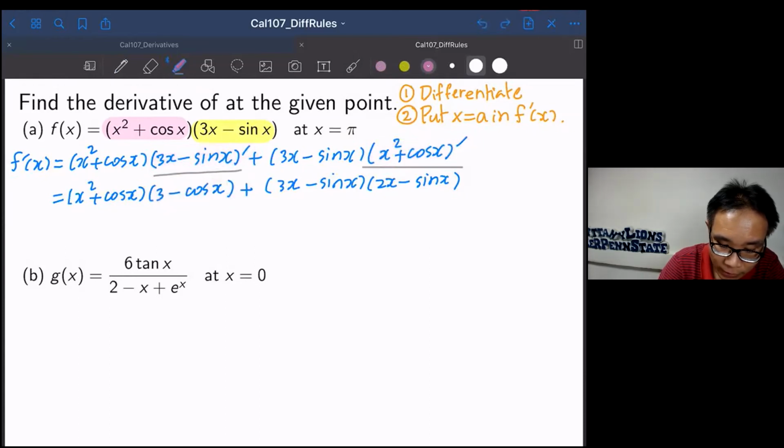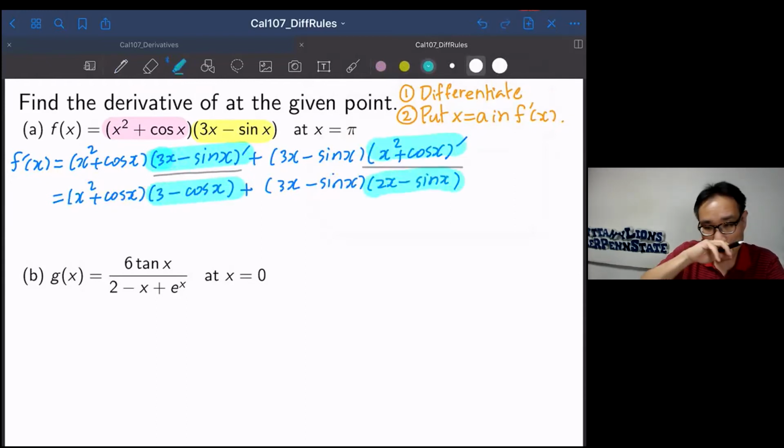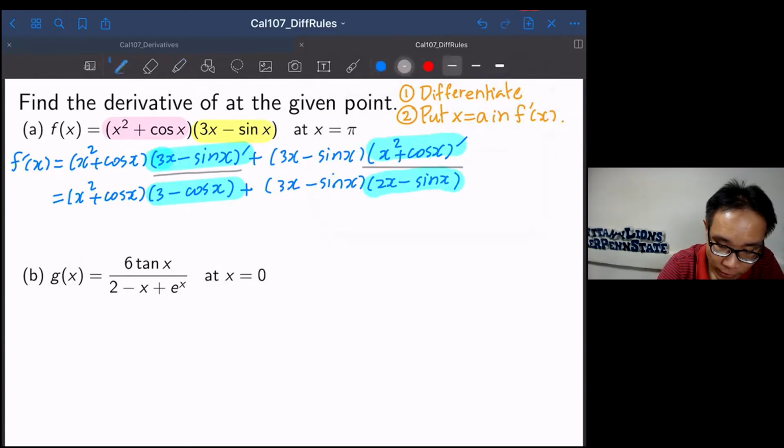Let me use another color, the blue one. And then you plug in x equal to pi.